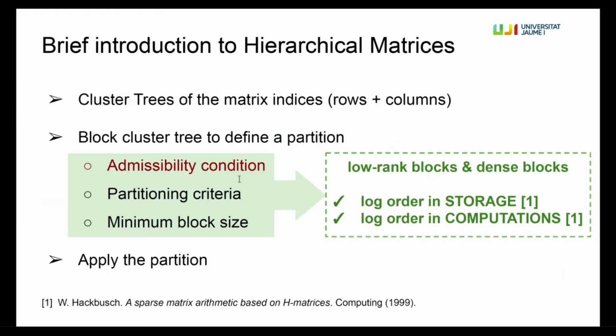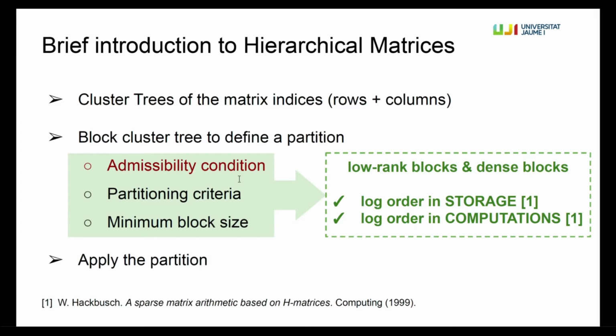So, combining the admissibility condition, the partitioning criteria, which in the previous slide was just partitioning 2 by 2 each time, and the minimum block size, we can create an H matrix out of, for example, an original dense matrix.